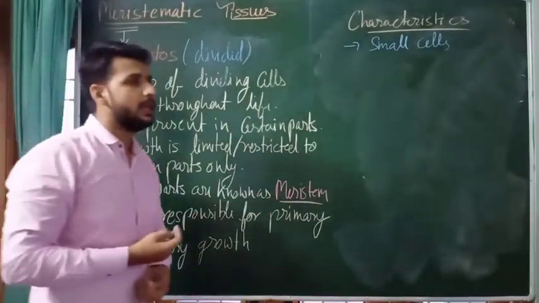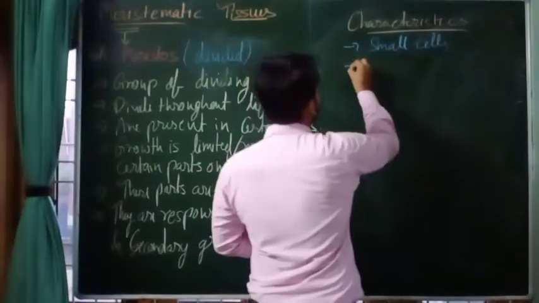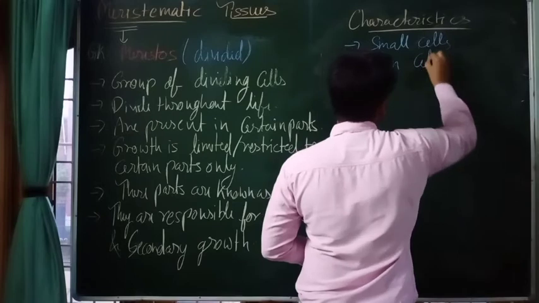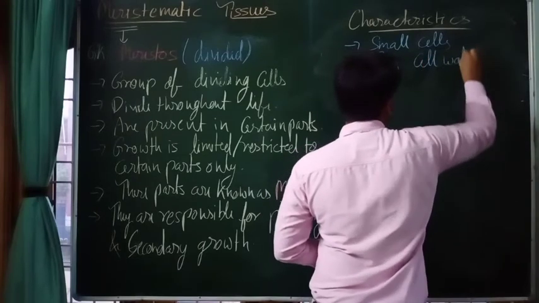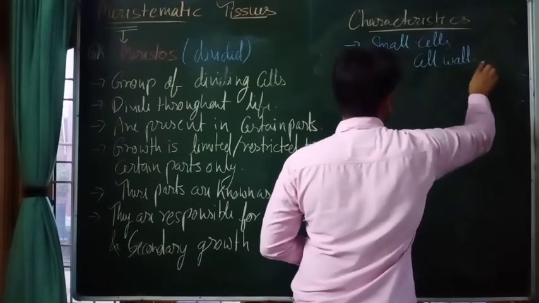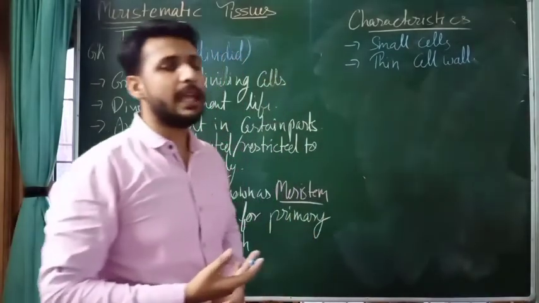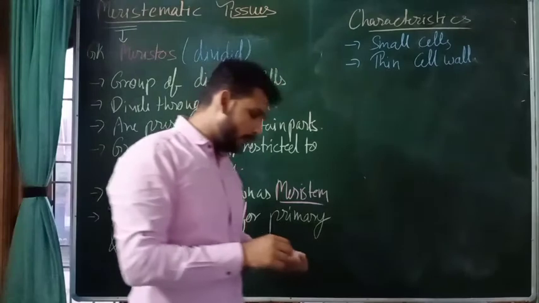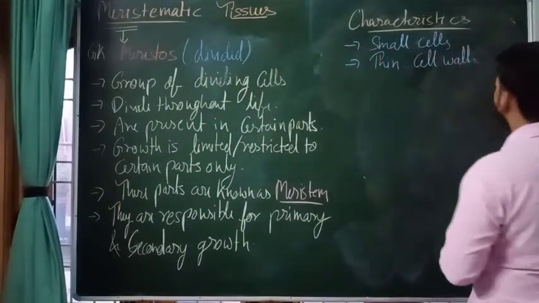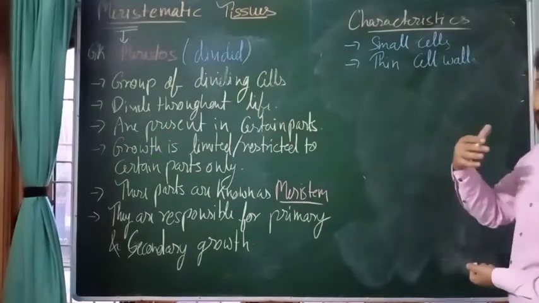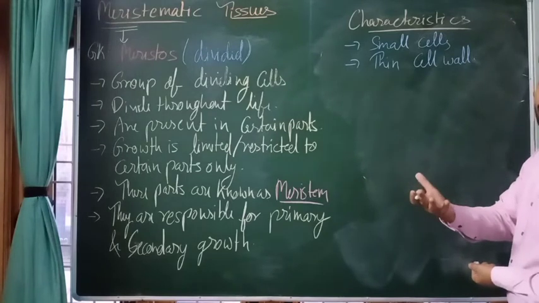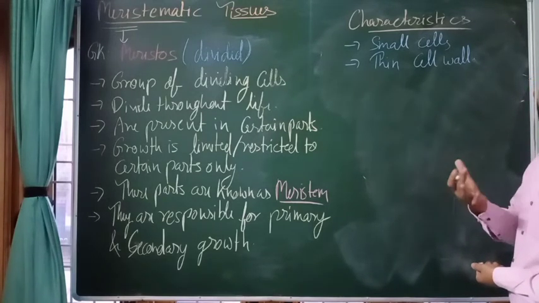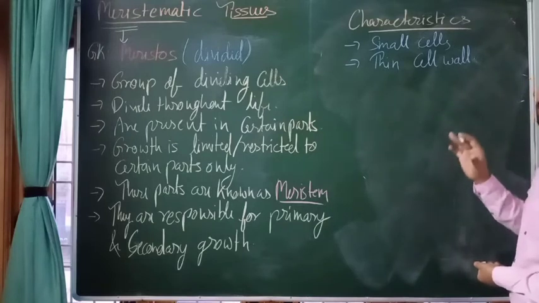So these are small cells with thin cell wall. Why thin cell wall? Because these are dividing cells. Okay, you can see if I draw what is cell wall. First of all, I told you in the previous chapter the cell wall is the outer covering of the plant cell. It is present only in the plant cell.